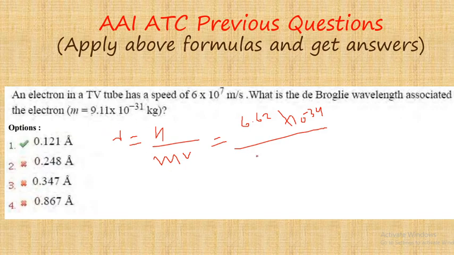So what do we have? 9.11 into 10 to the power minus 31 kg. Now you multiply with v. The v is also given here, so substitute it: 6 into 10 to the power 7 meter per second.